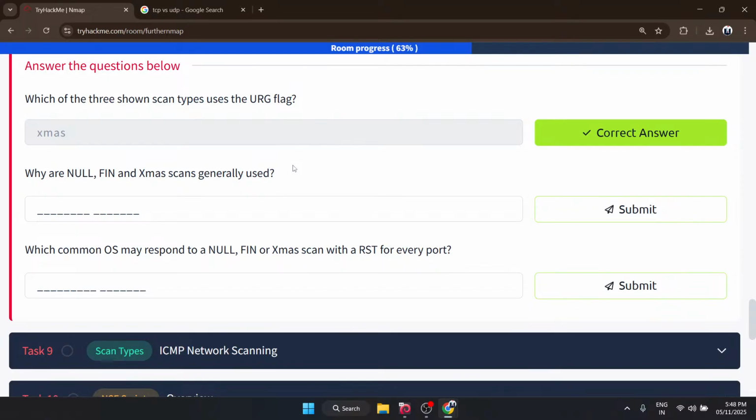And guys, if you have any doubt or any question till now on any of the flags, just let me know, okay?